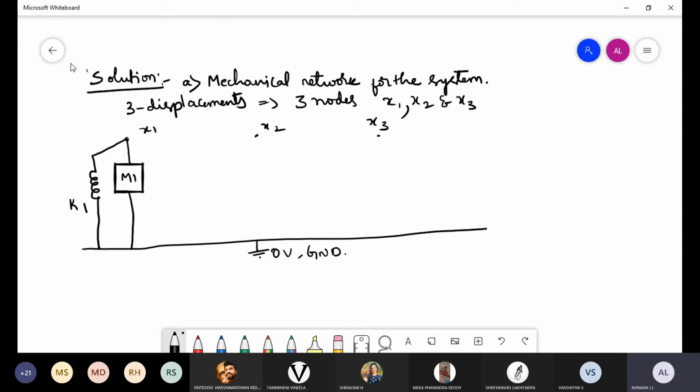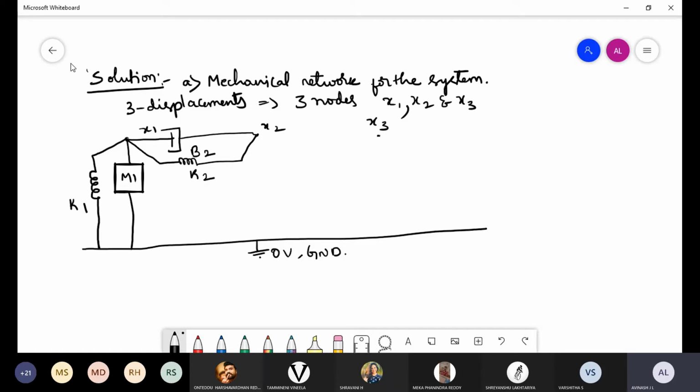So I can take this as b2, and k2 between x1 and x2.